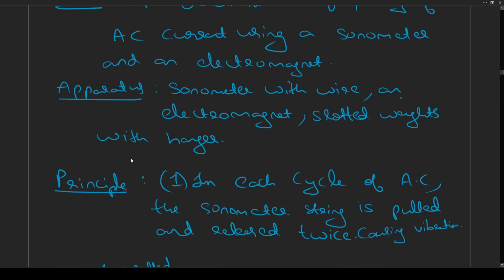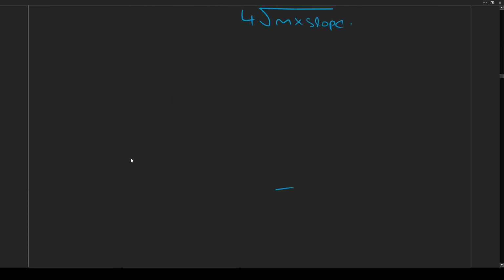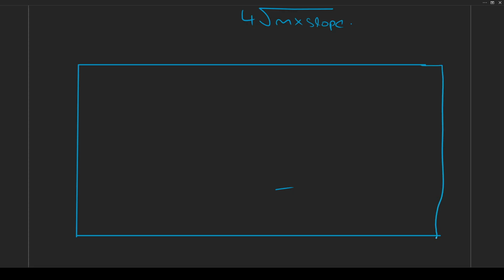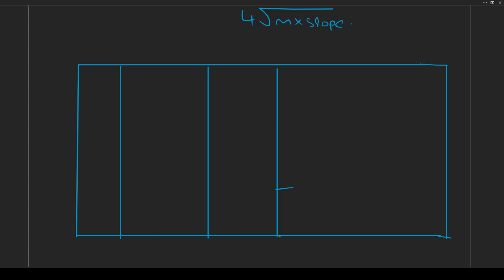Now the procedure is nothing. I'll just draw the tabular column to explain the procedure. Trial number, which is very common in all tabular columns.